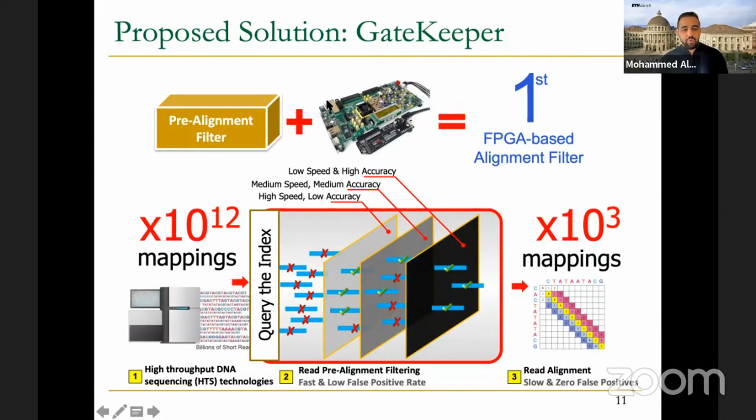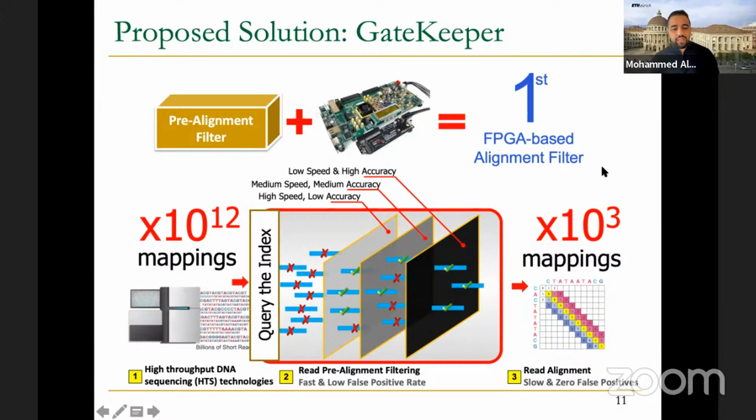GateKeeper, at the time when we proposed it, was the very first pre-alignment filter to be implemented on FPGA, or accelerated using hardware. What we do is, we have the sequencer over there, providing all these genomic sequences, very short or long, but still not as long as a chromosome, for example. And we have the index, the hash table, that tells us each location or each piece of this read might have similarity with the reference genome at this location: 1, 10, 100, 1,000, for example.